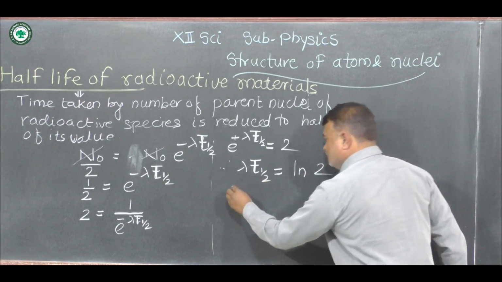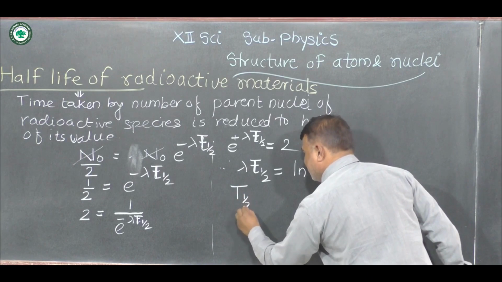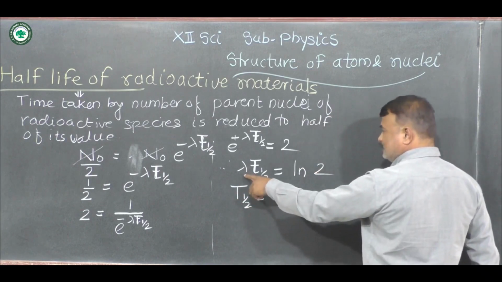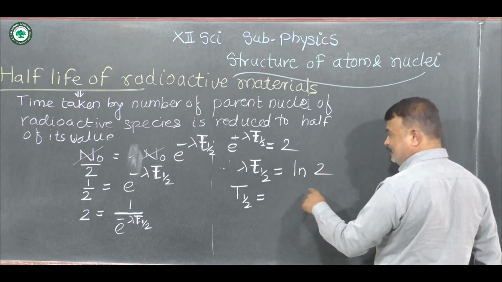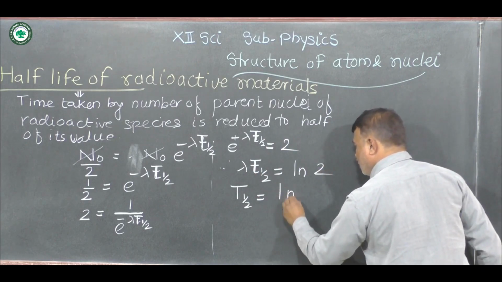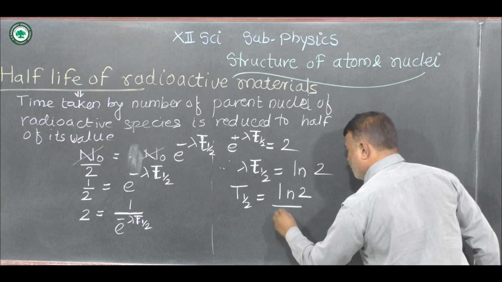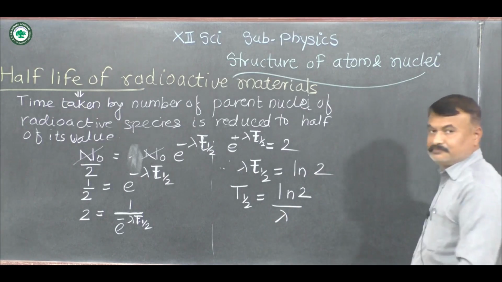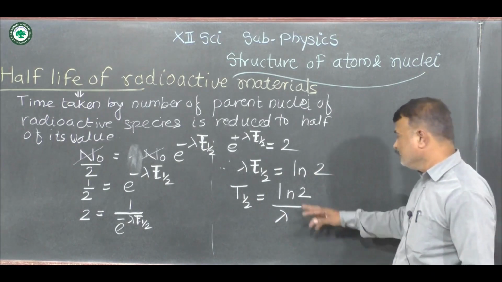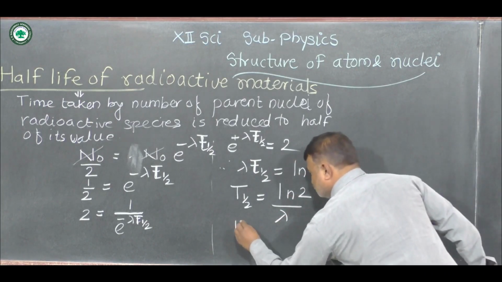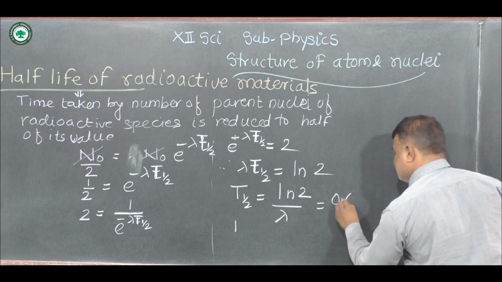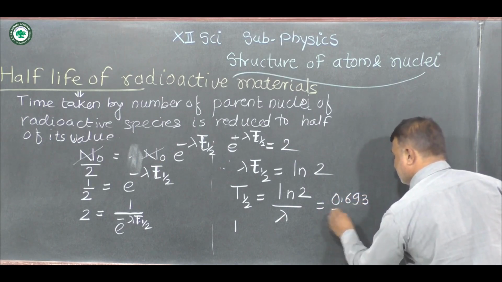Now we have to find out this half-life time T half. Now this lambda is multiplied, so on the opposite side it will become log of 2 upon lambda. By using log table, we find out log of 2 is equal to 0.693 upon lambda.